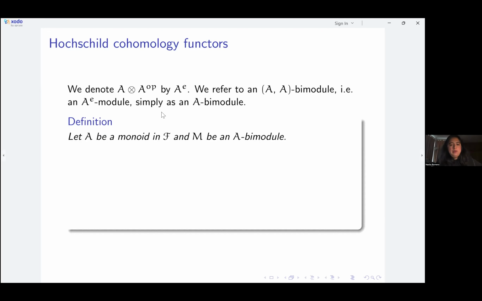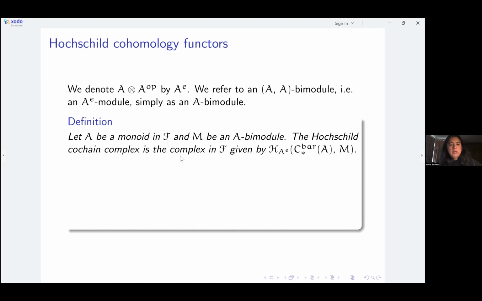So we have a monoid in F. We consider an A-bimodule M. And so the Hochschild chain complex is the complex in F given by taking the Hom we defined before on this complex.